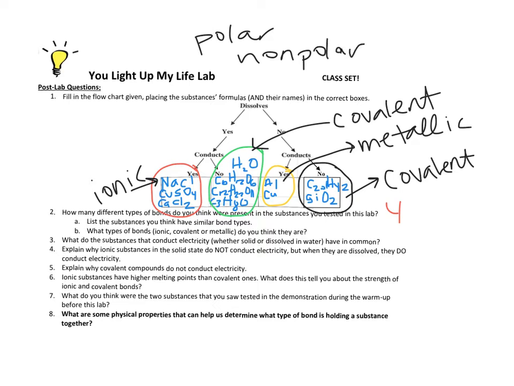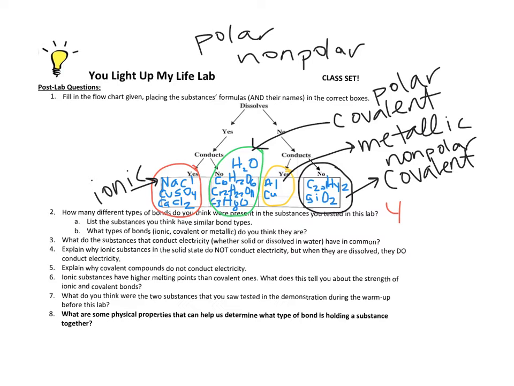And so those are 2 different types of covalent bonds. So if you take a look at our summary here, we have 2 different spots where there's covalent bonds. And we're going to find out next semester that the ones that do dissolve are able to be pulled apart by water, and those are called polar covalent. And the ones that are not able to dissolve are non-polar covalent.